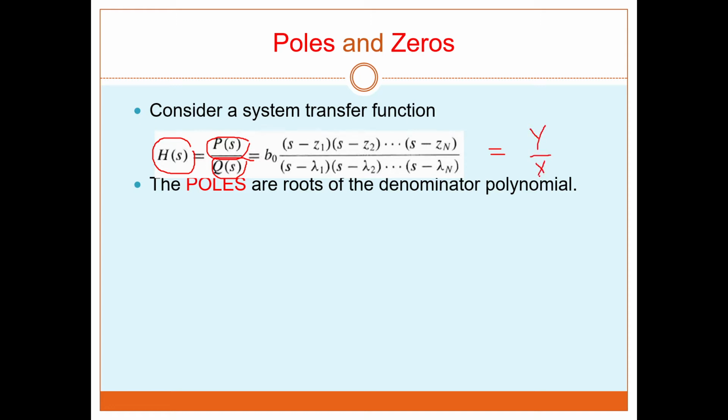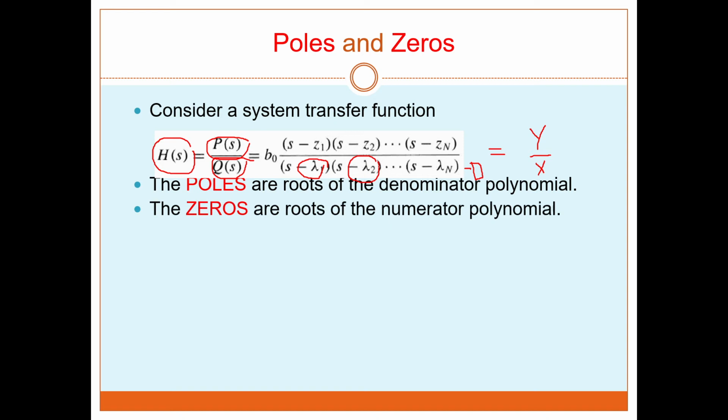The poles are the roots of the denominator polynomial. So this is the denominator, and we want to know the roots of the polynomial. The second one are the zeros, which are the roots of the numerator. So this is the numerator, and we want to know the roots of the polynomial.